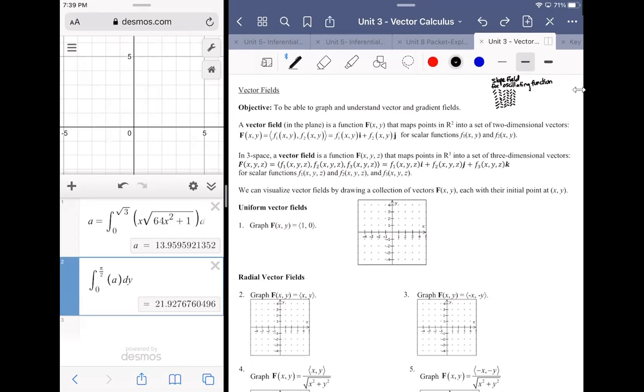All it's really doing in terms of the mathematics behind it is giving us a plot of all the possible vectors for a vector equation, dependent on where you are on the surface, depending on your XY positioning.